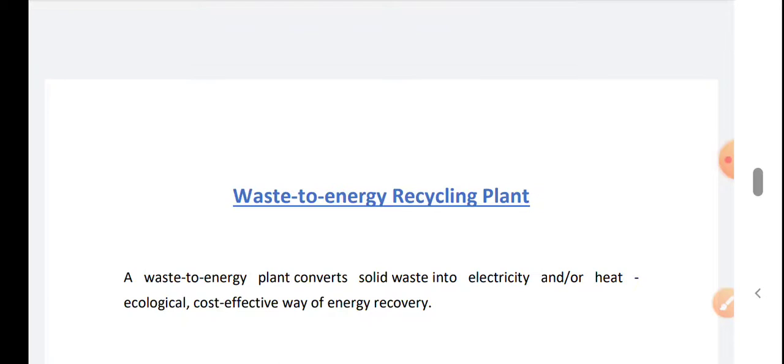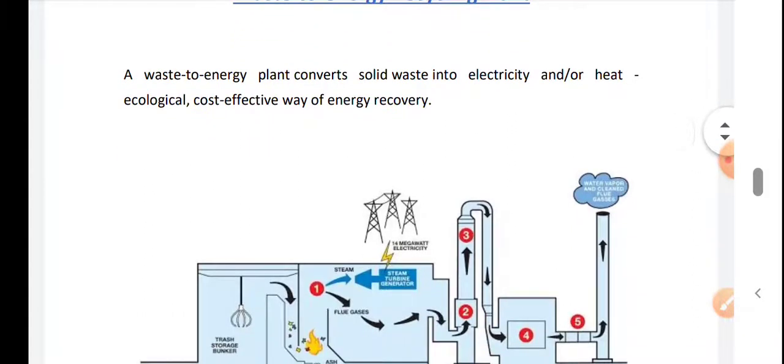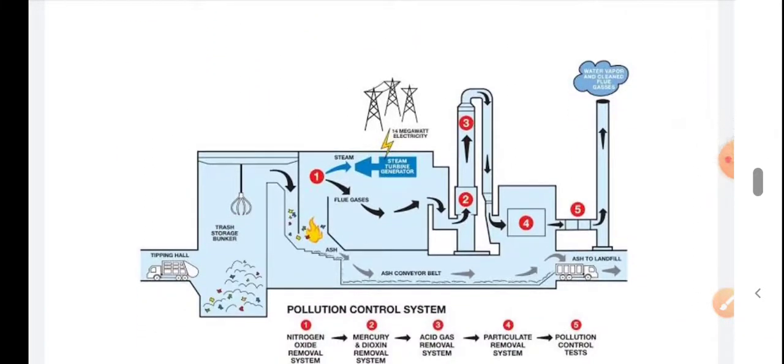So a plant can be obtained which will fulfill 2-3 objectives, such as to reduce the volume of the waste, as well as to utilize the waste after recycling, as well as if we can get some energy from this waste, it will be more beneficial.